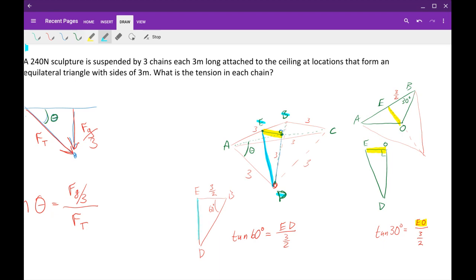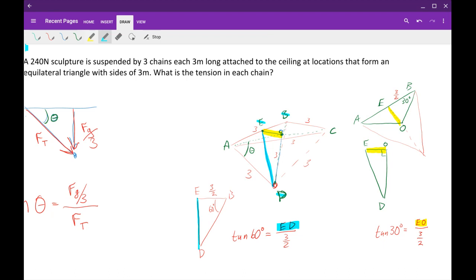If you look at that, I currently have ED and EO.